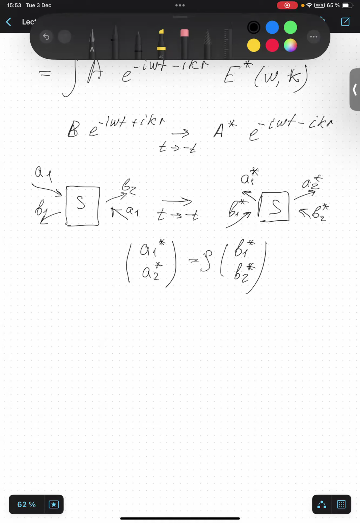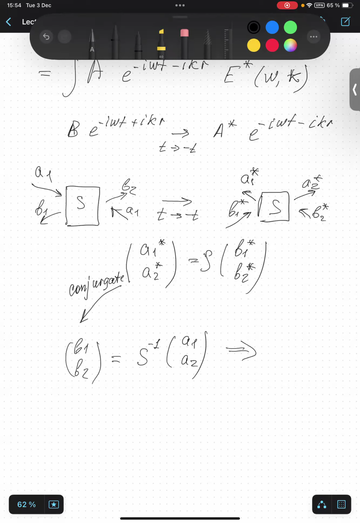If we conjugate this expression, what we will obtain? We will obtain B1, B2 equal to inverse S matrix, A1, A2. And this leads us to the second property of S matrix.